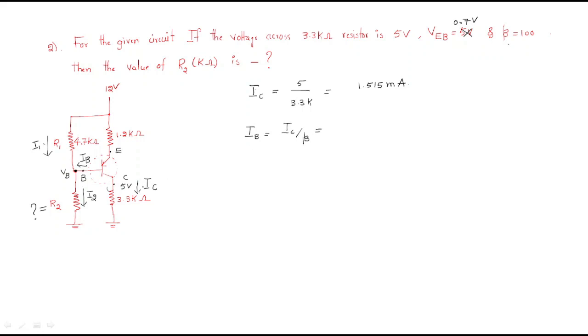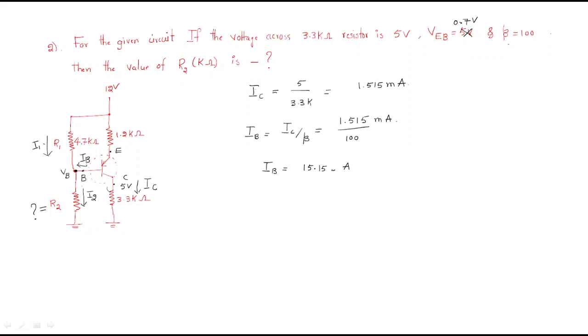So what is the collector current? The collector current value is 1.515 milliamps, and the beta value is 100. So we can write base current IB equal to 15.15 microamps.